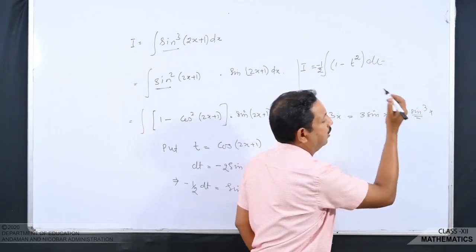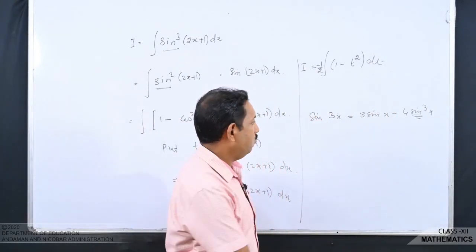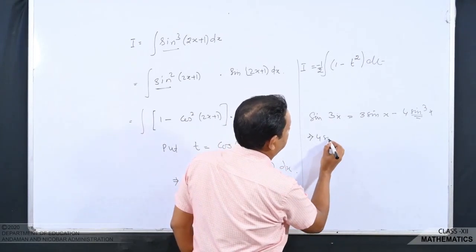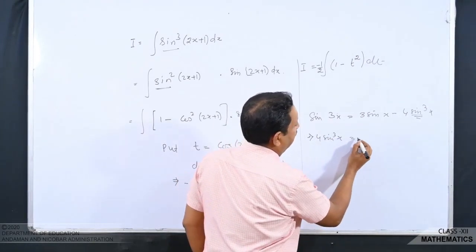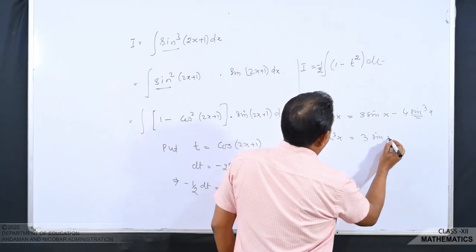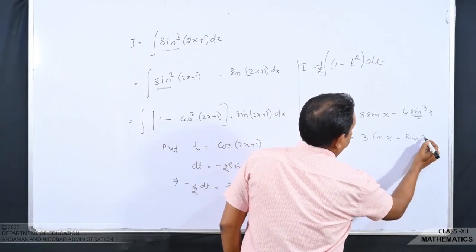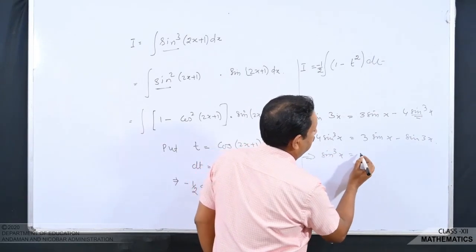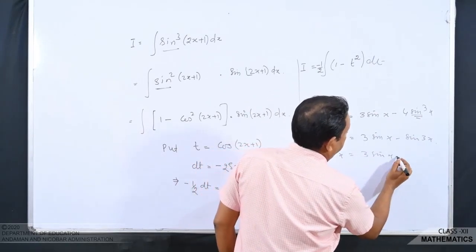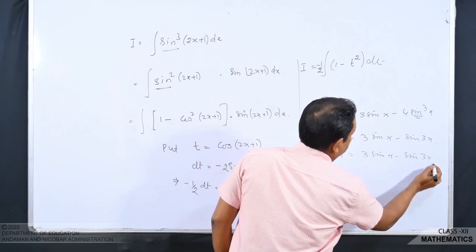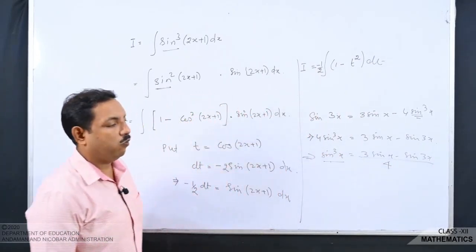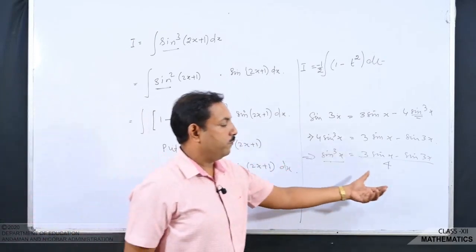From here you can calculate sine cube x. How? Simply, 4 sine cube x equal to 3 sine x minus sine 3x, and this implies sine cube x equal to (3 sine x minus sine 3x) divided by 4.